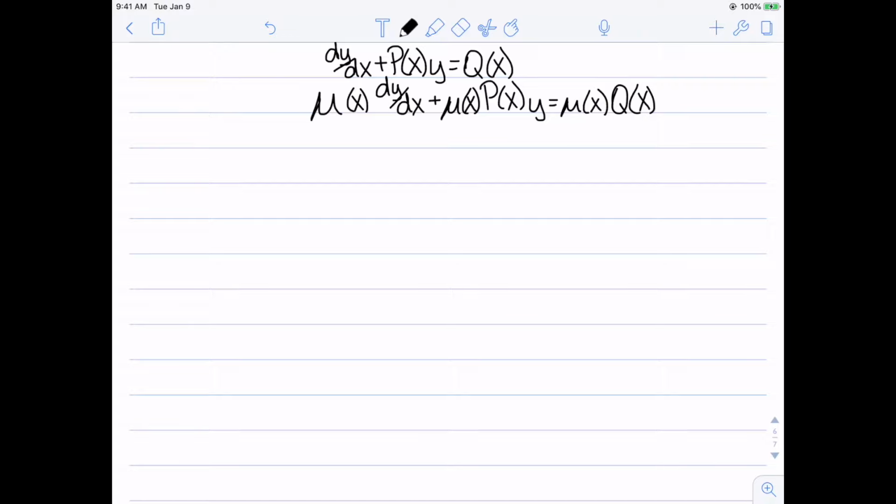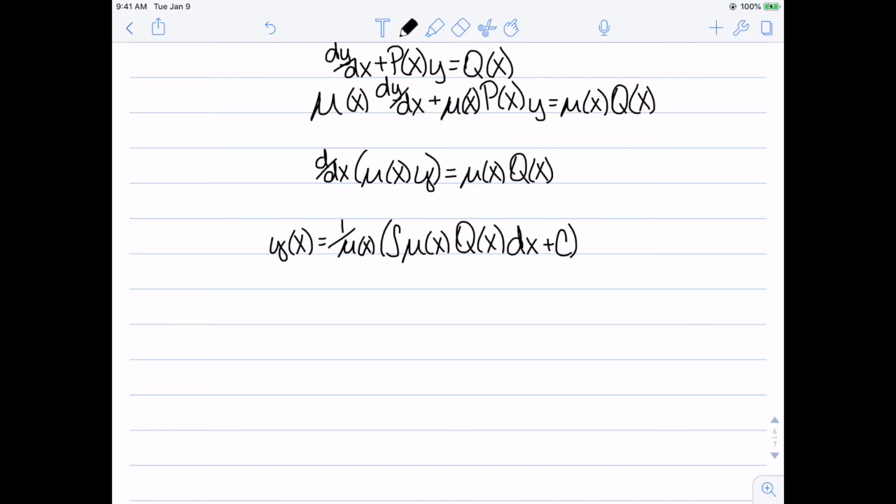I defined mu specifically so that we would be in that second case, the case where a0 is equal to the derivative of a1. Which means I can rewrite this as the derivative of mu of x times y equals mu of x times q of x. And with that, I get my solution: y equals 1 over mu of x times the integral of mu of x q of x dx plus c.